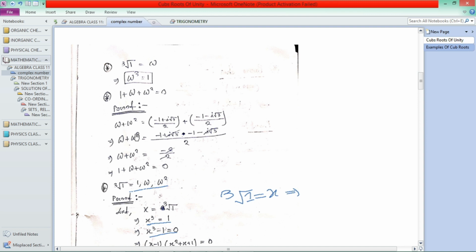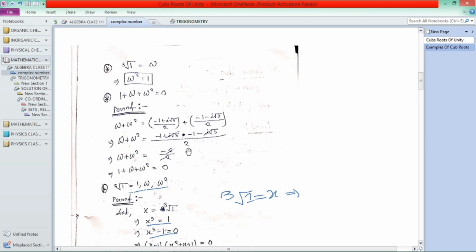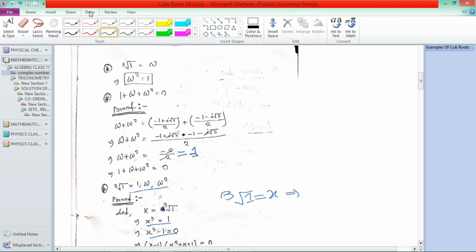What is the proof? 1 plus omega plus omega square equals this, and omega plus omega square equals minus 1, so 1 plus omega plus omega square equals 0. That's it.